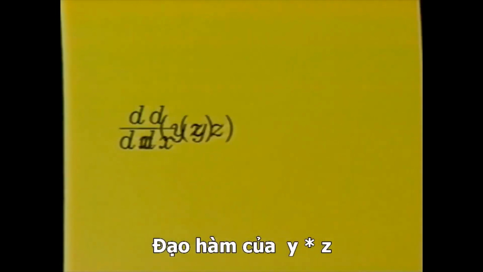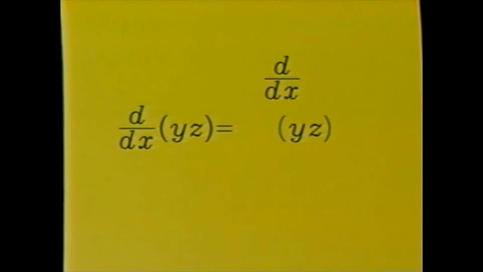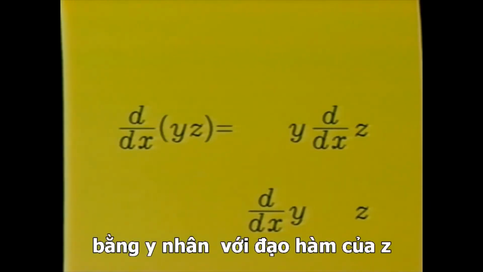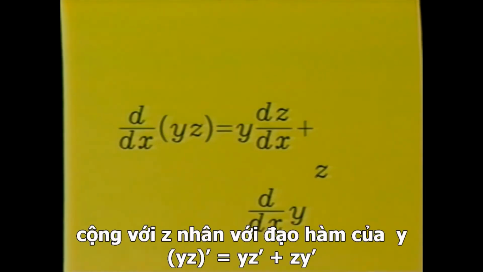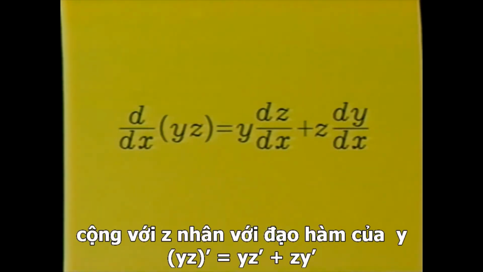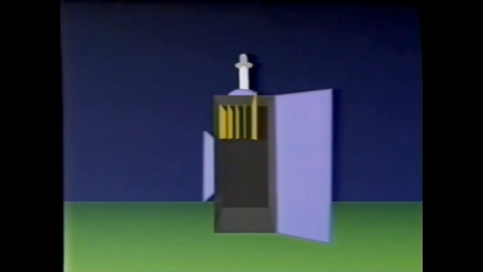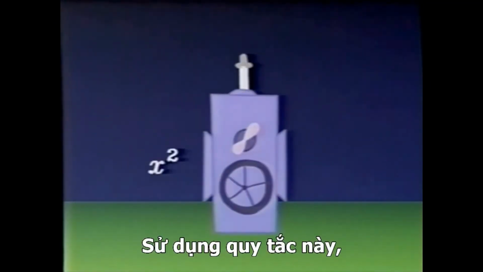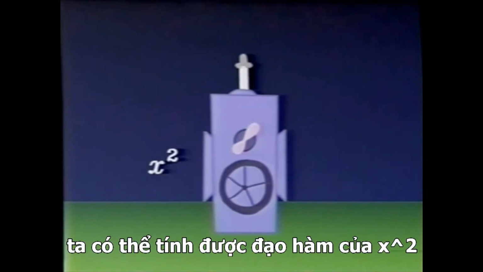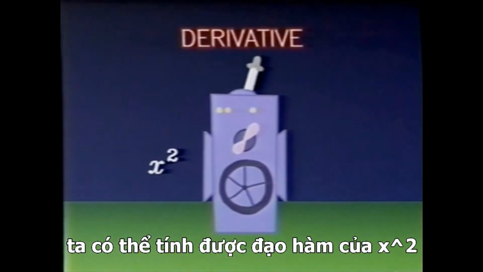The derivative of the product y times z is y times the derivative of z plus z times the derivative of y. Using this rule, it's possible to find the derivative of x squared.